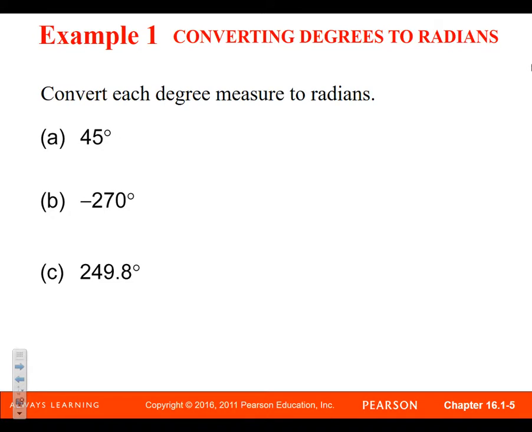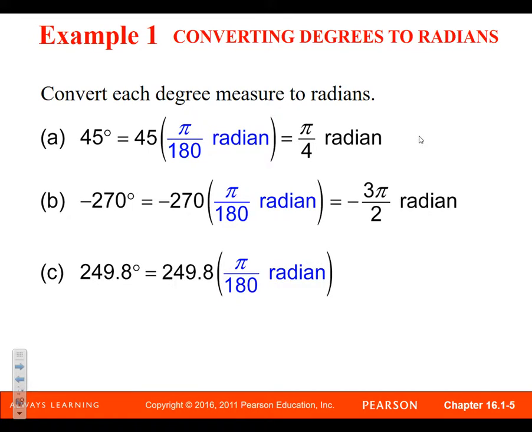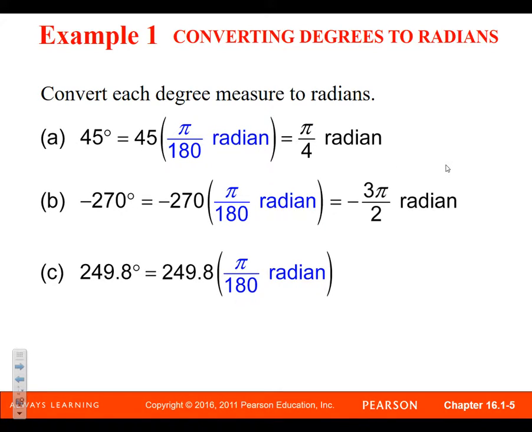Okay, ready? The first one, did you get 4 pi radians? Yes. 4 pi radians for the first one, yeah? Second one? Negative pi over 2. Negative 3 pi halves radians.